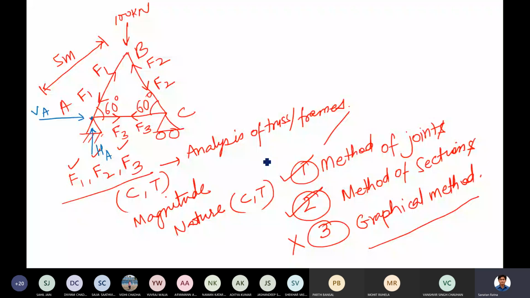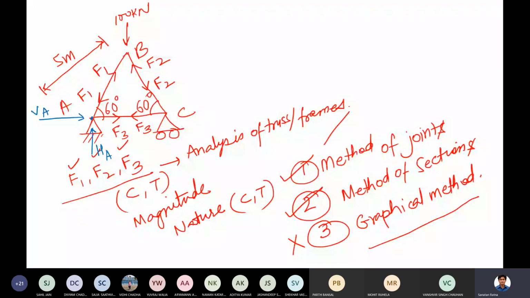Roller. So what reaction do you observe there at C? Vertical. Vertical. Oh, so can I write it as HC? Is that okay? Okay, HC. Now, is that okay now?